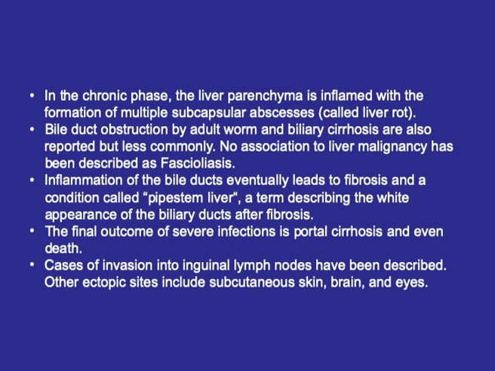Sometimes cases of invasion are also seen, that means from the liver or bile duct this worm may travel to other tissues and organs and infect them. Here we can see the ectopic presence of this worm in the skin, brain and eyes.